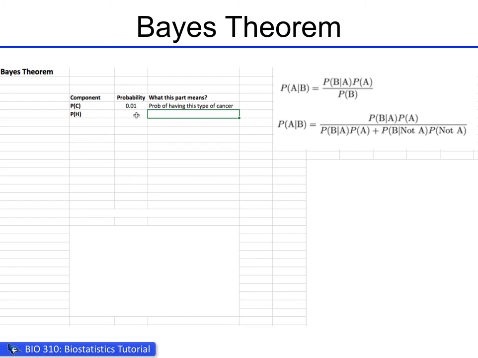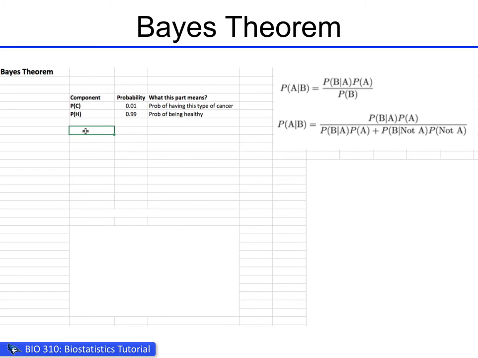And then P(H) is going to be the probability of being healthy. The probability of being healthy is simply equal to 1 minus the probability of having cancer. So this is really the probability of cancer versus the probability of not cancer, shown here.